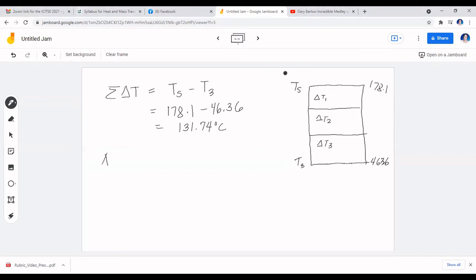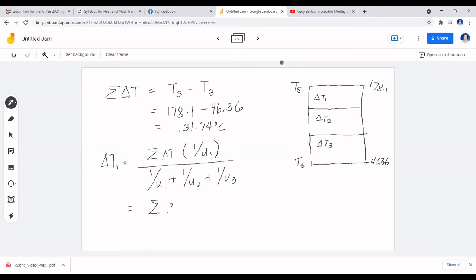So with your delta T1, you will have the summation of your delta T times 1 over U1. Your denominator will be 1 over U1 plus 1 over U2 plus 1 over U3. In this case, our U's are equal. So I will just place here one particular delta T formula. I leave the rest to you.